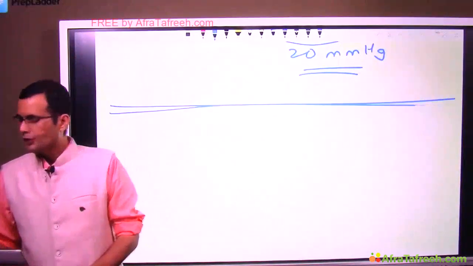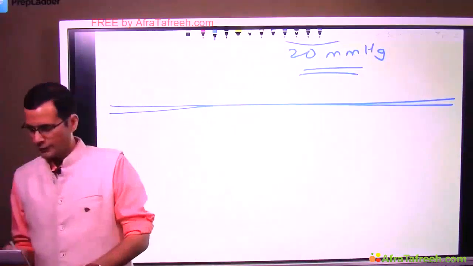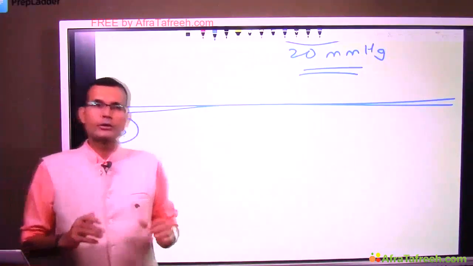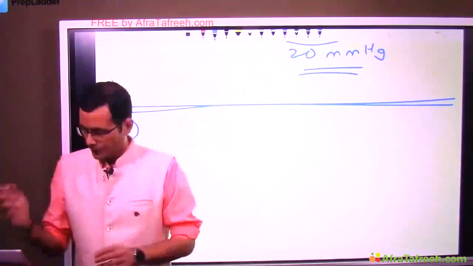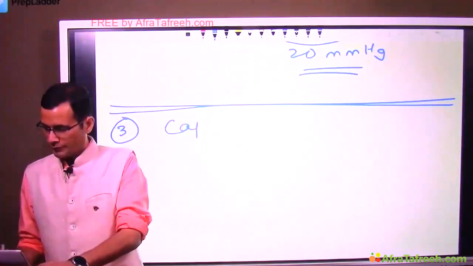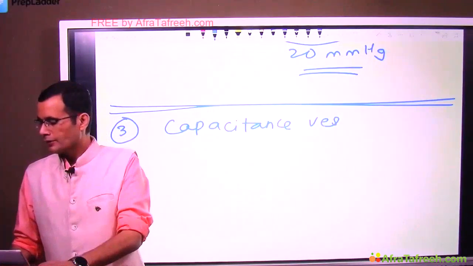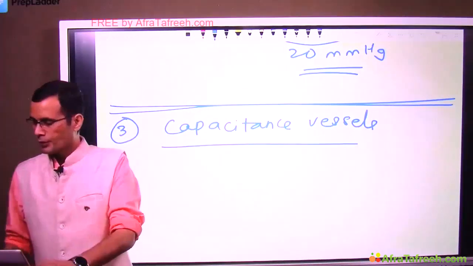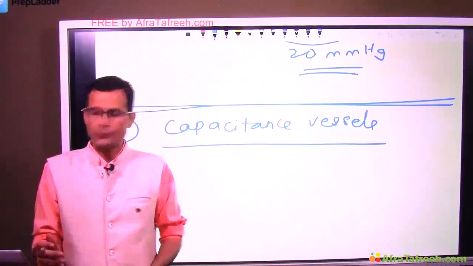These were some of the aspects related to the arterioles and the resistance vessels. Third type of vessel is capacitance vessels. Capacitance vessels means those vessels which can accommodate large quantities of blood.